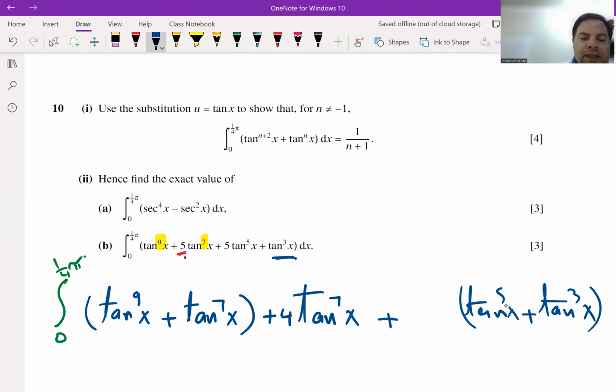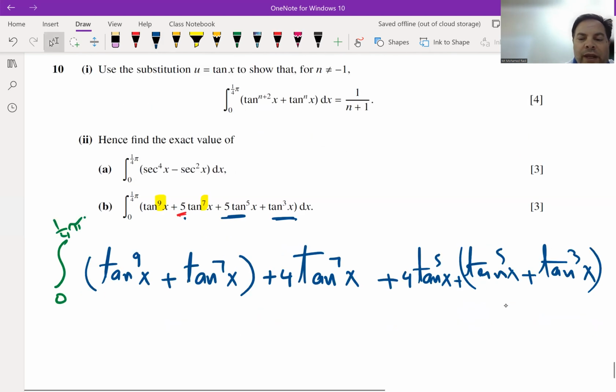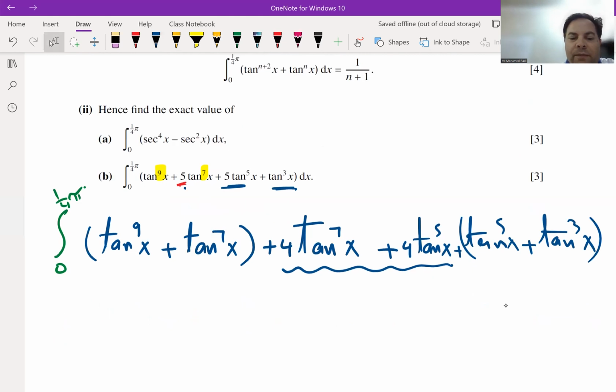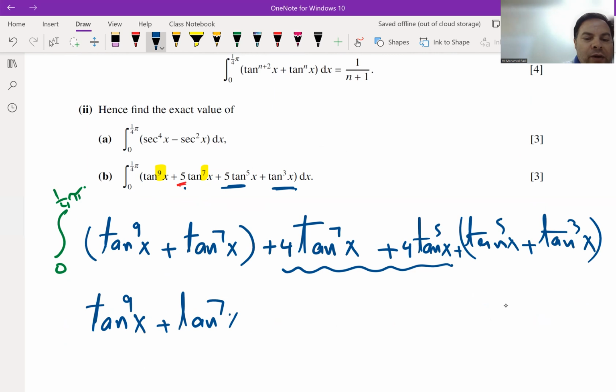After splitting 5 into 4 and 1, here will be 4 tan to the power of 5x. Now we can take these together, after taking 4, and apply the same. So it will be tan to the power of 9 plus tan to the power of 7x.